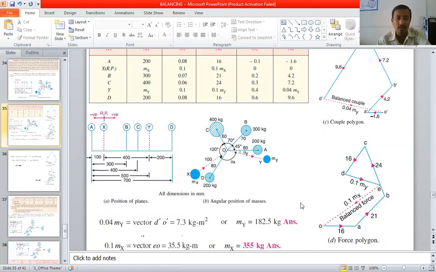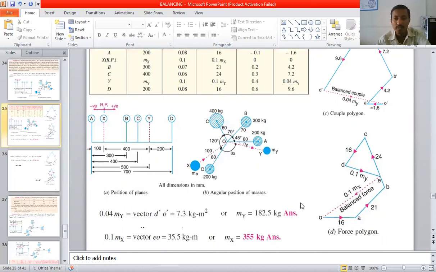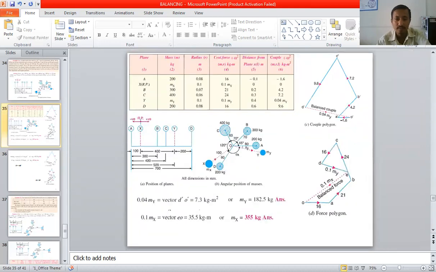So what did we need to calculate in this? We need to calculate mx and my, two balancing masses.